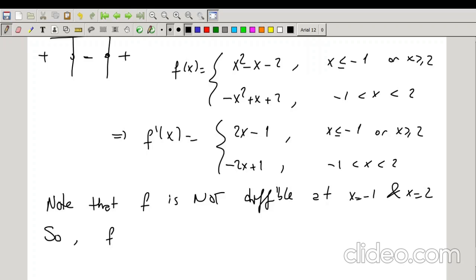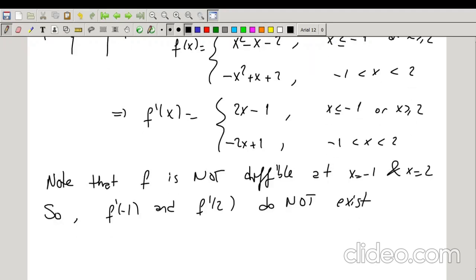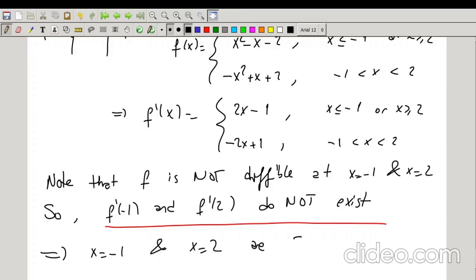So f prime of minus 1 and f prime of 2 do not exist. What does it mean? Remember the fact that we have written 3 cases of special points. One of those was the singular point, and at singular points f prime does not exist. Here f prime of minus 1 and f prime of 2 do not exist, so x equals minus 1 and x equals 2 are singular points.